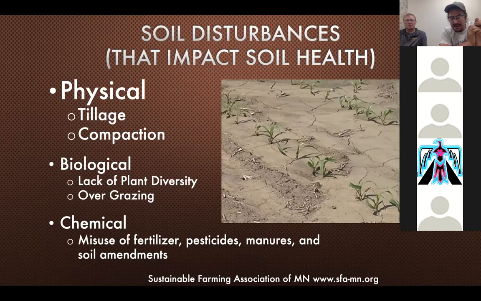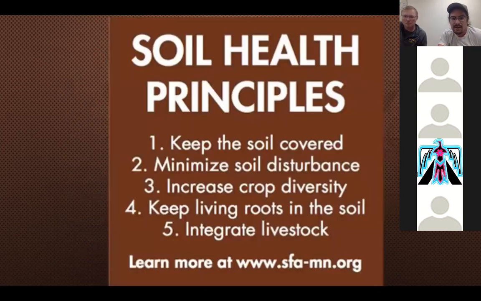And then chemical: misuse of fertilizer and pesticides, maybe you're adding too much manure or too much fertilizer. So you just want to put out the level that's recommended or that you've done before, knowing your soil. And these are those 5 principles again: keep the soil covered, minimize disturbance, increase crop diversity.